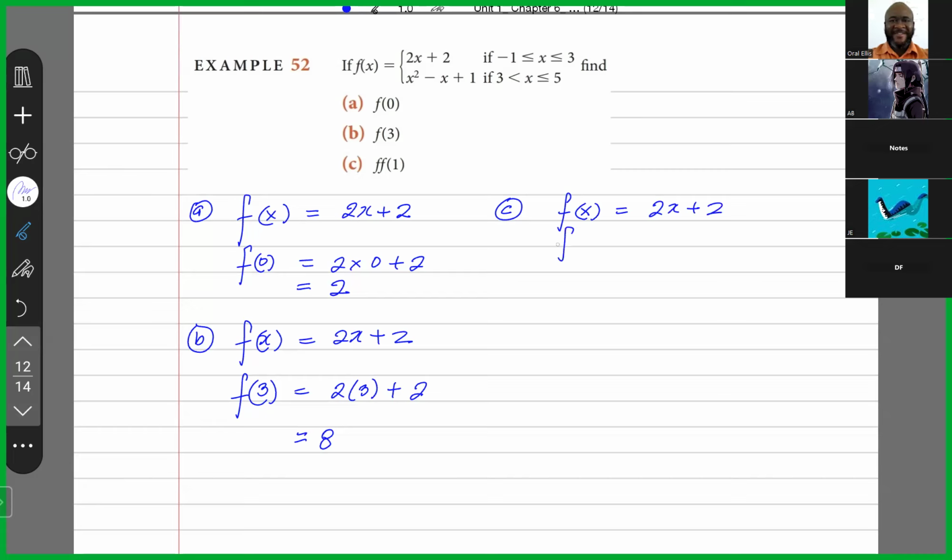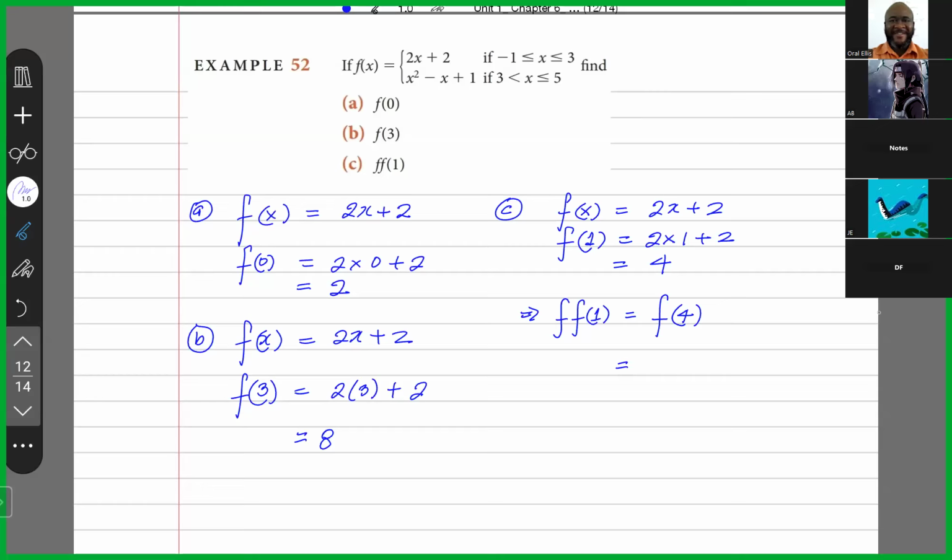And so f of 1 would be equal to 2 times 1 plus 2, which is equal to 4. So what this essentially means is that f of f of 1 is the same as saying f of 4. So to find f of f of 1, I must find f of 4.